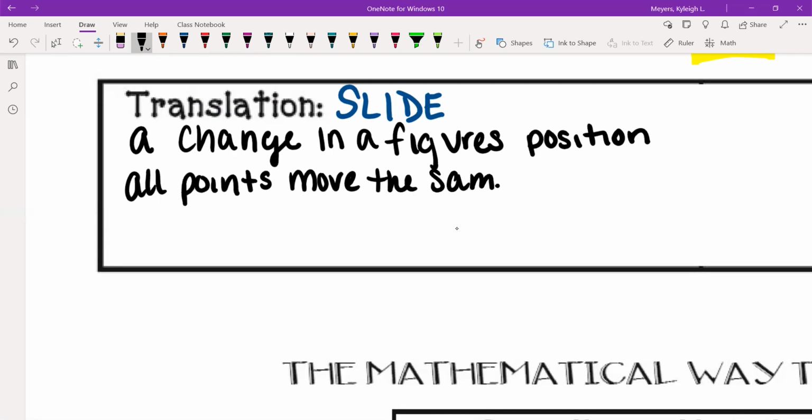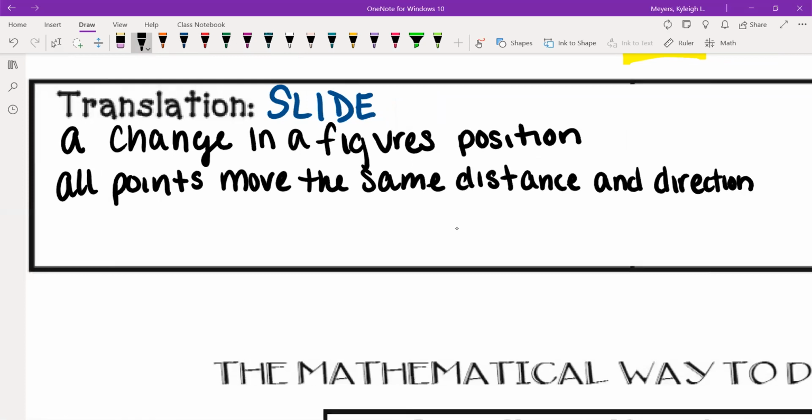So they all move the same distance and direction. Okay, so a change in a figure's position, and all points move the same distance and in the same direction.